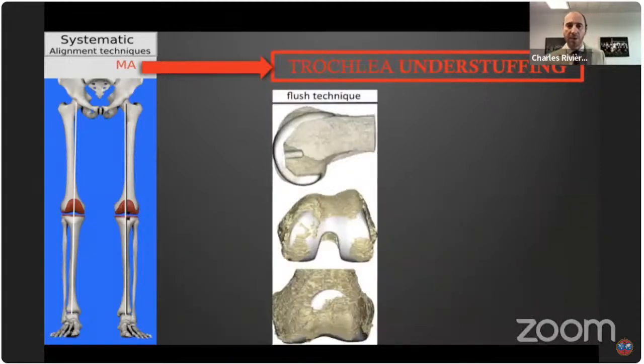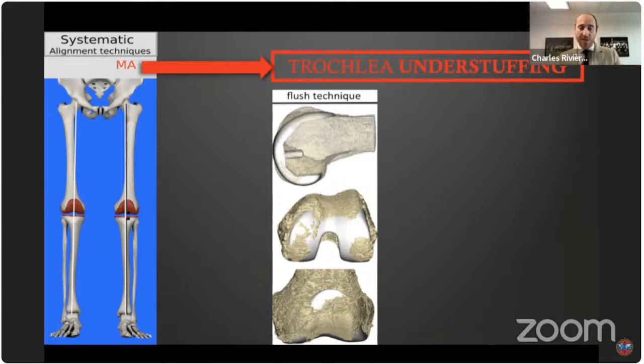As well, when you do the AMA technique, it's important to have the smallest femoral implant possible. That's why we do the flush technique. With your anterior cut, when you size the femoral component, you need an implant with a cut that is flush to the anterior cortex. So you need the smallest femoral implant possible, because if you take a bigger one, you will increase the overstuffing I was just talking about on the previous slide.